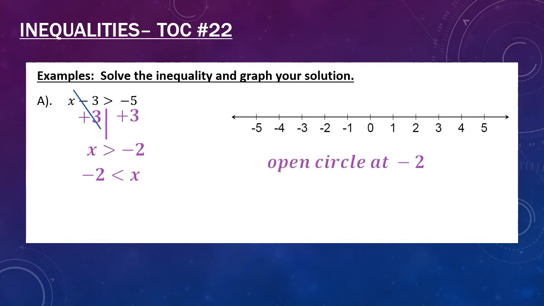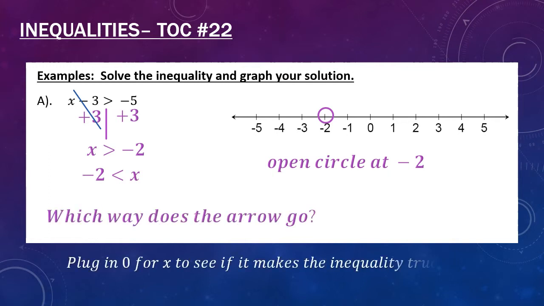Now, since it's got no line underneath it, I know it's going to be an open circle at -2. I can go ahead and draw that. But now I have to say, which way is my arrow going to go? Plug in 0 for x to see, does 0 make the inequality true? Is 0 greater than -2? Is 0 bigger than -2?